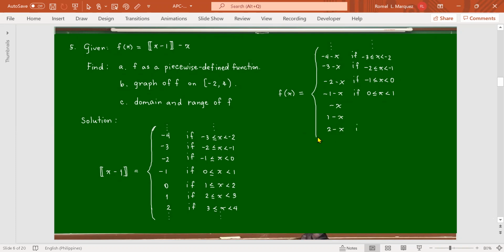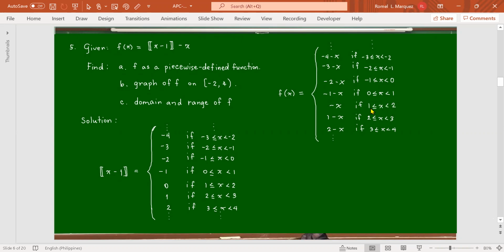So this is if what? If x is between 3 and 4, including 4. Including 3. If x is between 2 and 3, including 2. If x is between 1 and 2, no?